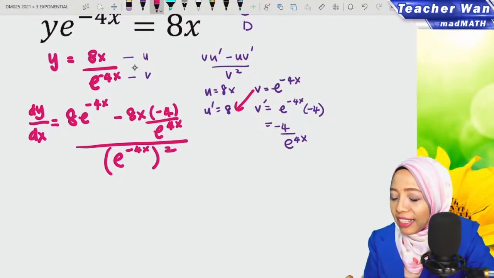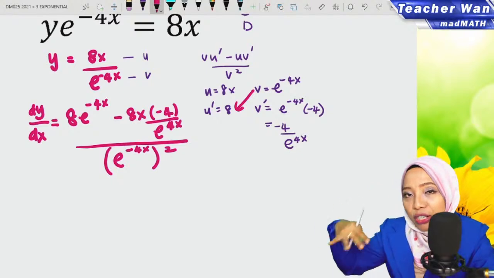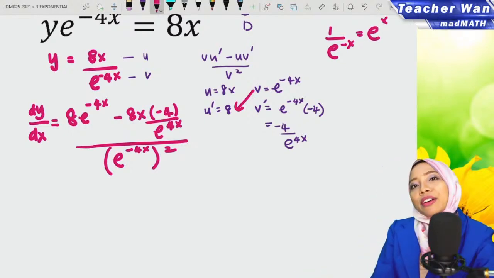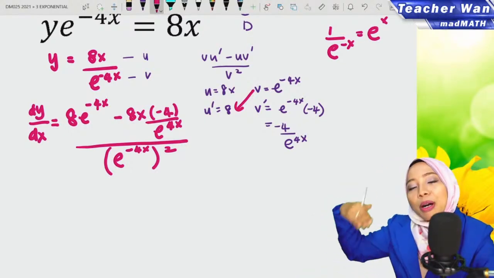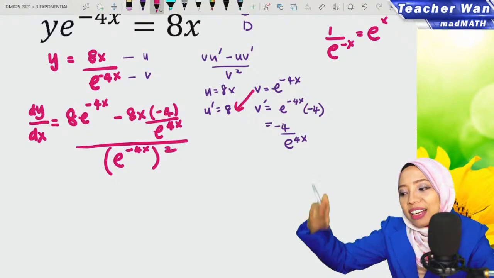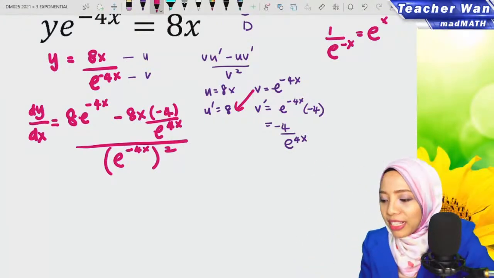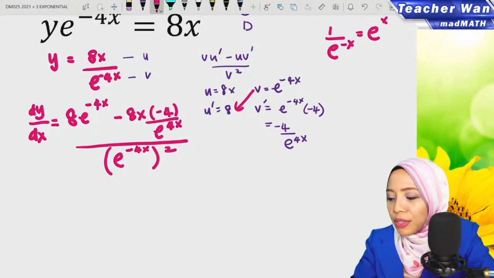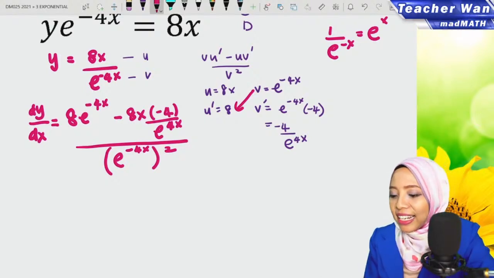This is a quotient rule, but since it is negative, we can change. If we bring the exponent, for example, e to the power of negative x is also e to the power of x when brought up. Agree or not? Because it's negative, bring it up and negative becomes positive. So it's a lot easier. This one is not easy enough. There is an even easier way.